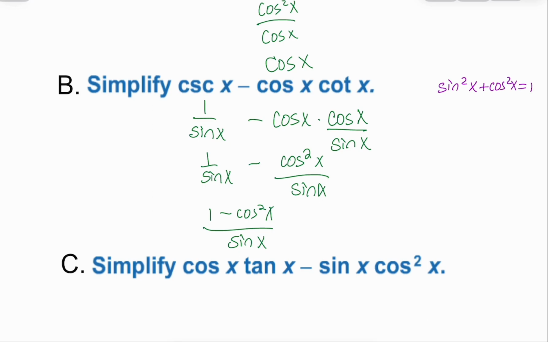One of the ways to do that is to move the cosine over, and we get that sine squared is 1 minus cosine squared. So anytime you ever see ones and squares, think, what can I do to a Pythagorean to make that match? Well, 1 minus cosine squared, that is the same as a sine squared. So let's replace it. So we get sine squared divided by sine is the same as a sine.